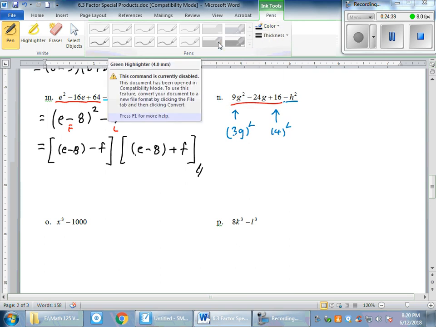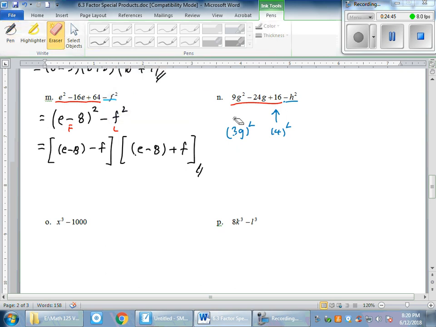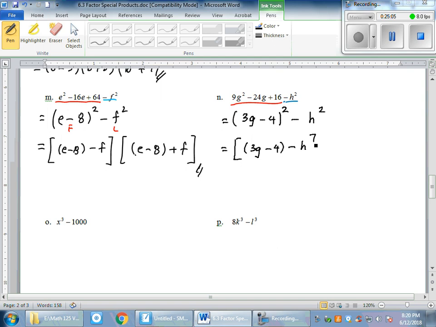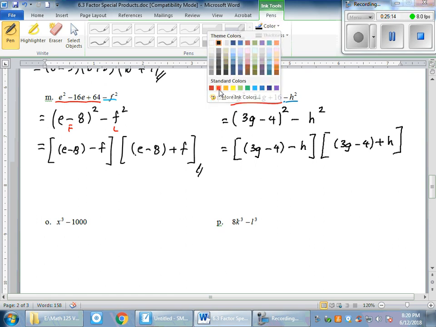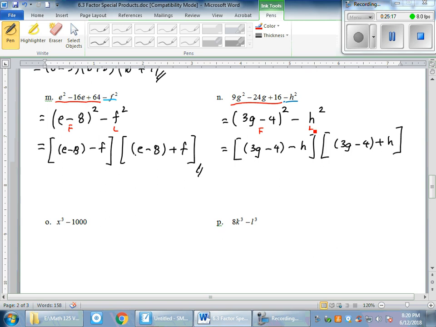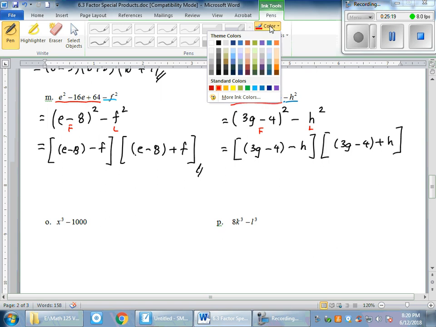And then the middle term is 4 times 3 times 2, which is going to be 24. Good. So now this becomes 3g minus 4 quantity squared, minus h squared. That makes a difference of 2 squares, which is my first minus last, and then first plus last. So again, put in a note, this is your first and this is your last. And this will be my final answer.